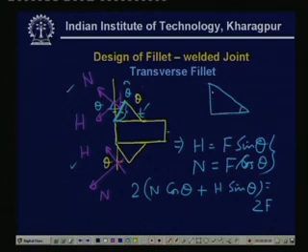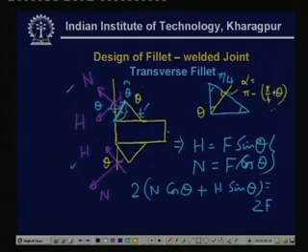originally this angle was pi by 4. Now, we have taken a cut at angle theta. So, therefore, this angle alpha will be equal to pi minus pi by 4 plus theta.